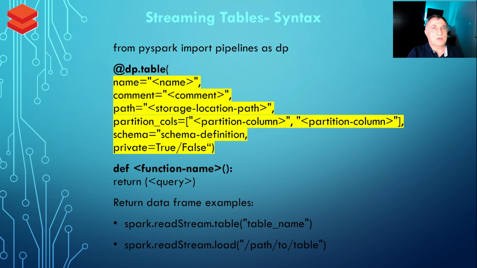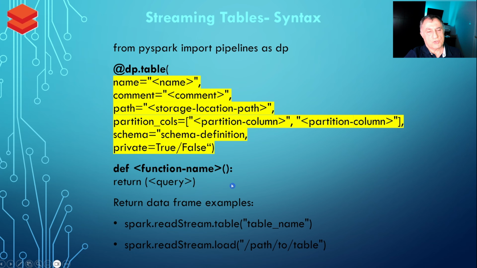Now let's talk about usage syntax for streaming tables. In order to use streaming tables, you have to, first of all, import related pipelines libraries from PySpark, like I have here. And then you have to use these pipelines as a decorator and use the table method here and provide some attributes. Finally, you have to provide a Python function that will include your transformations.